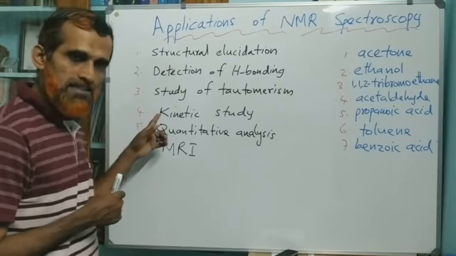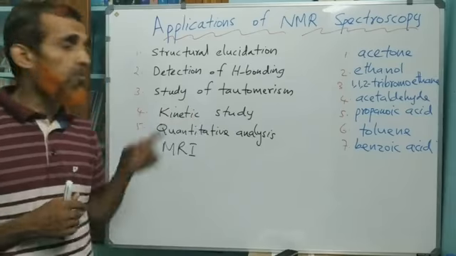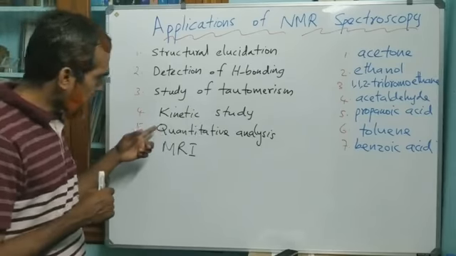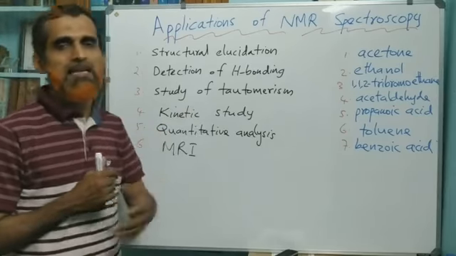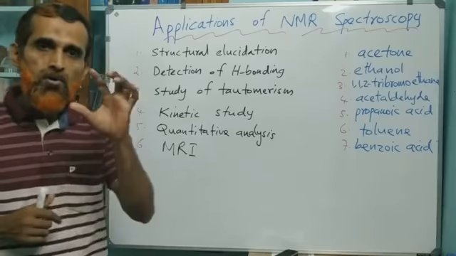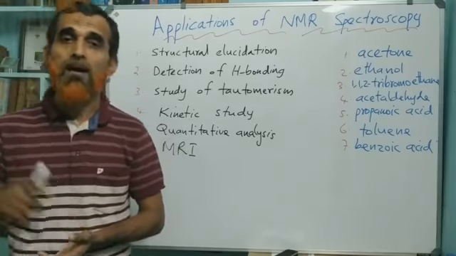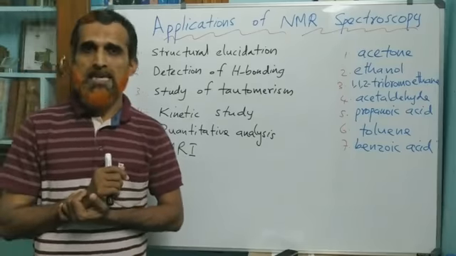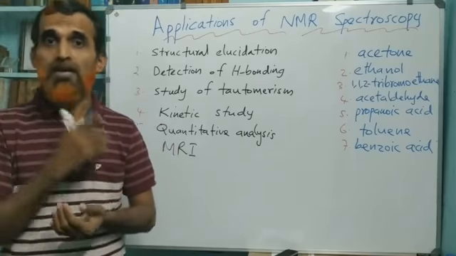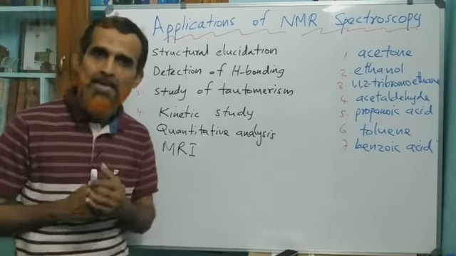The next application, we can use NMR for kinetic studies, we can use NMR for quantitative analysis, and finally the most important application of NMR in the medical field, or medical diagnosis, is the MRI scan.